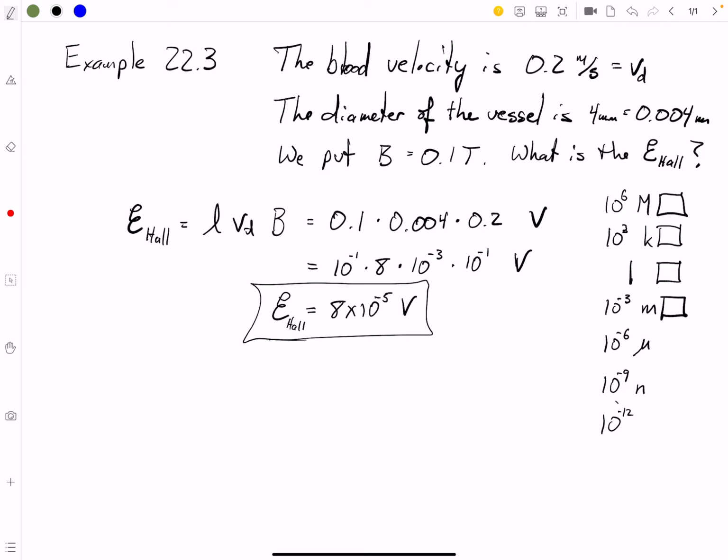Boy, why can I remember 10 to the minus 15? 10 to the minus 15 is femto. I can't remember 10 to the minus 12.